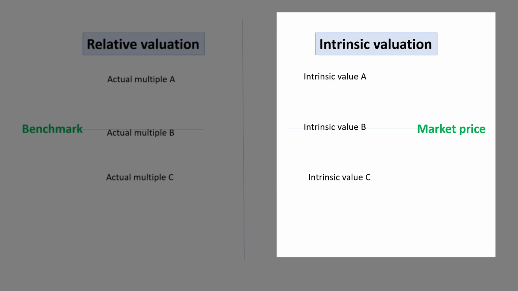In case C, this time the market price is too high in terms of what the benchmark, intrinsic, or justified value of share C is. Therefore, share C is overvalued by the market, and therefore the appropriate rational investor action would be to sell.